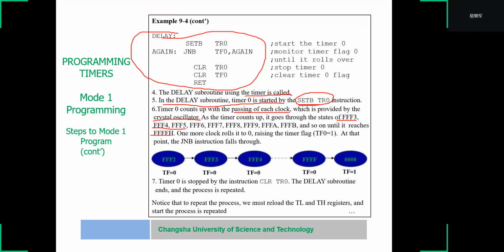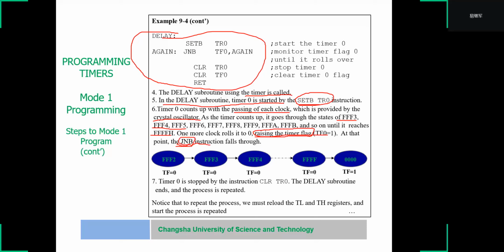After it rolls over FF, we get the overflow and raise the timer flag. At that point we use the code JNB to check the flag.